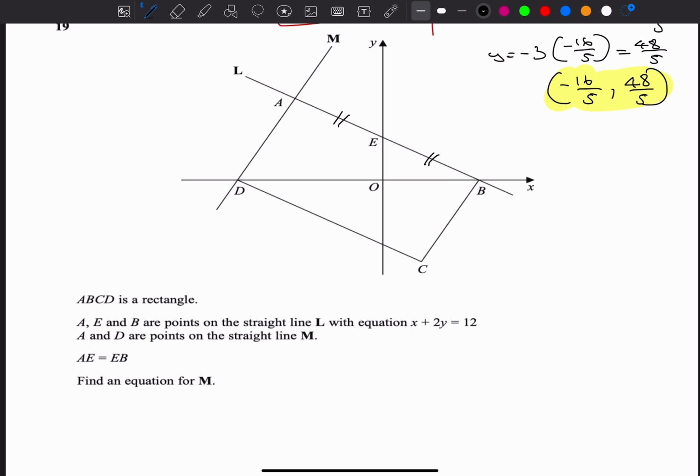Find the equation of M. M is perpendicular to L. So what is the L equation? 2y equals, move the x to the other side, minus x plus 12. y equals minus x divided by 2, minus a half x plus 6. So the gradient is minus a half on that. If that gradient is minus a half, this one is 2 over 1, which is 2. So y equals 2x plus c.